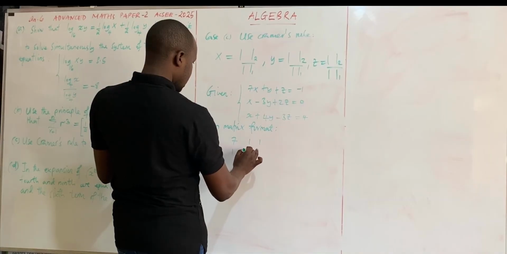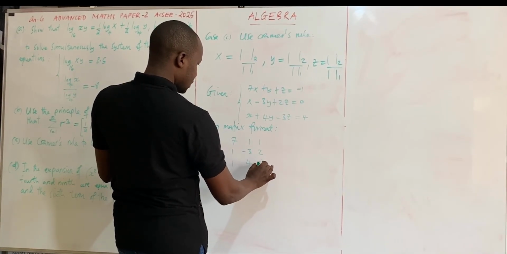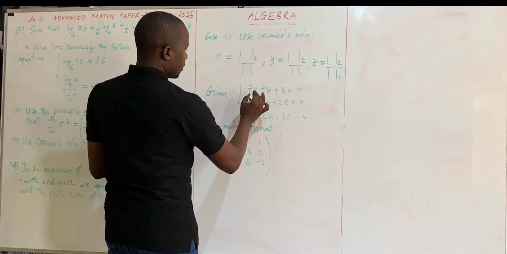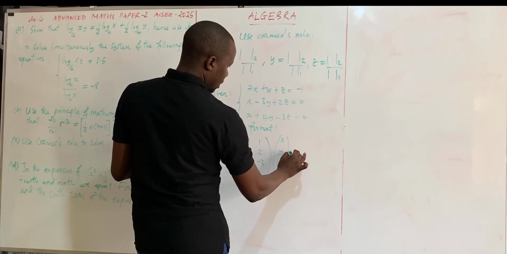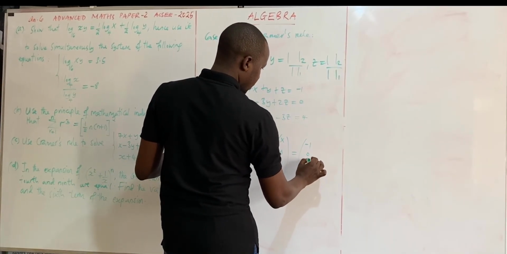So here 1, -3, 2, and then 1, 4, -3. Now we keep the bracket. We have x, followed by y, followed by z, equals the constants, -1, 0, 4.